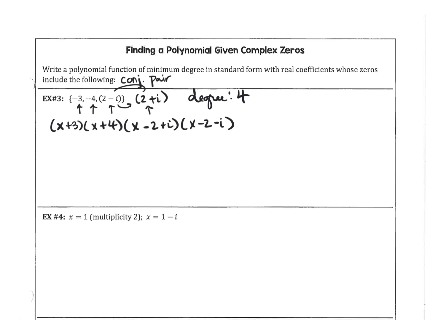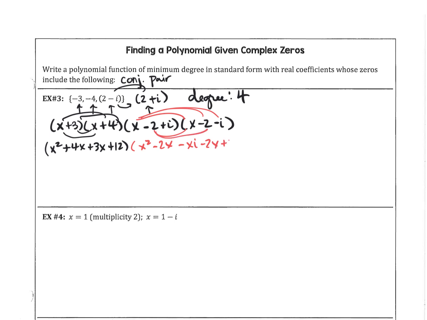All right, so now all we have to do is multiply these guys together. Okay, so let's do that. So if we multiply these two together, we get x squared plus 4x plus 3x plus 12. And then we're going to do the same thing for this guy. We're going to do x squared minus 2x minus xi minus 2x plus 4 plus 2i.